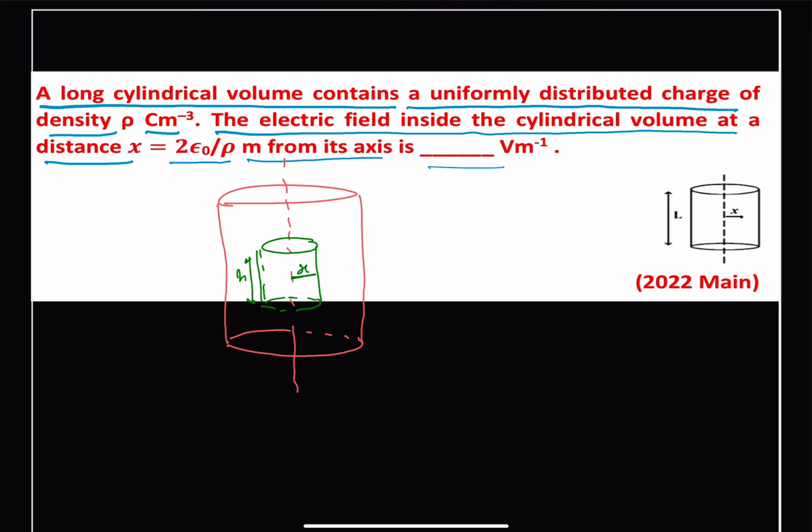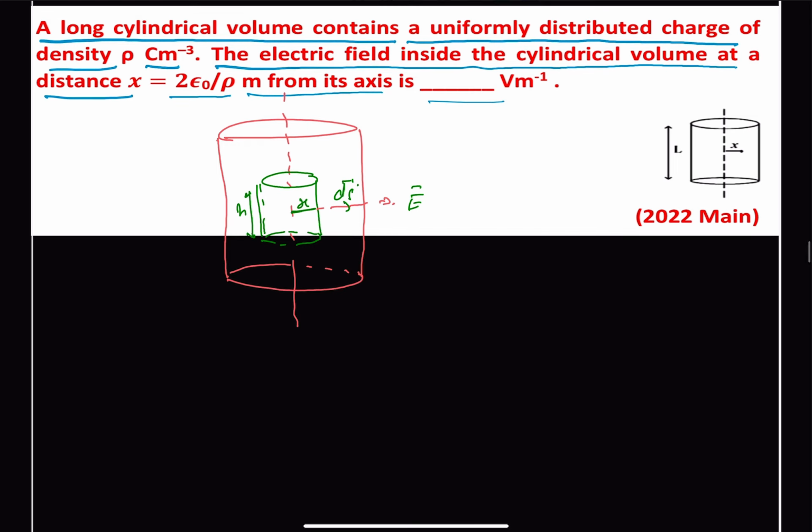The electric field will be in the same direction as our surface area vector dS, and we are basically interested in finding the electric field, so we can use Gauss law.